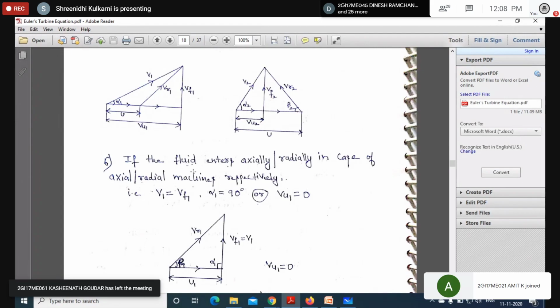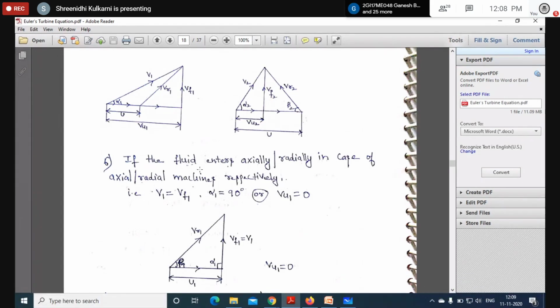If the fluid enters, it is nothing but the absolute velocity V1 at inlet. If the fluid enters axially or radially, it is nothing but perpendicular, in case of axial or radial flow machines.